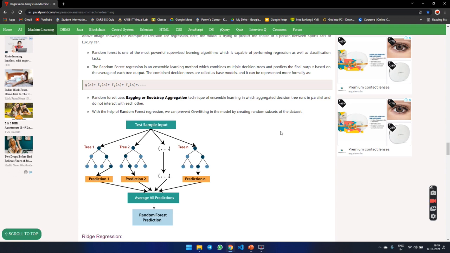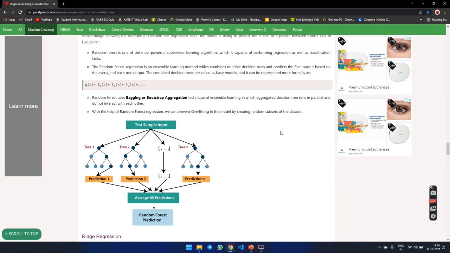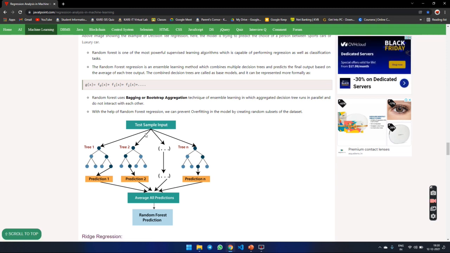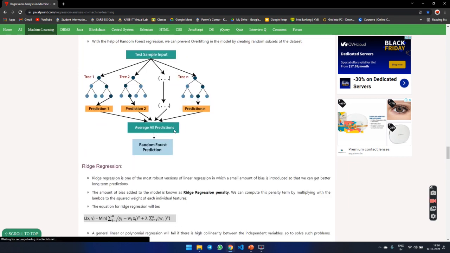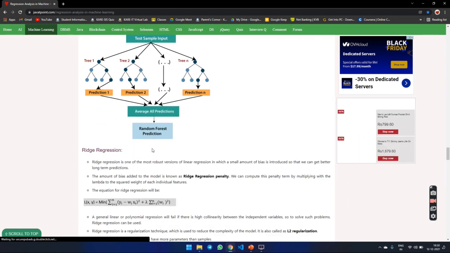With the help of random forest regression, we can prevent overfitting of the model by creating random subsets of the data. This is the test data. This is tree 1, T2, T3, up to Tn. I want to predict this node. This is the predicted node. The average of all predictors is called the random forest prediction.